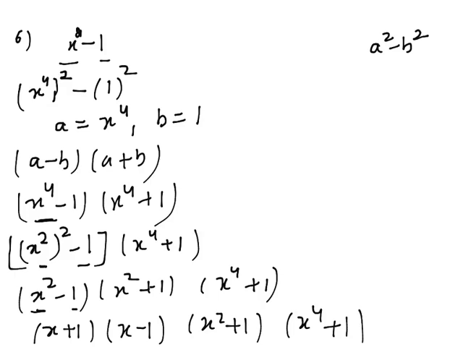So this is the way we are using the identity a square minus b square in this expression 3 times. Next question we have 49(a minus b) whole square minus 25(a plus b) whole square. So we will see how we will solve it.